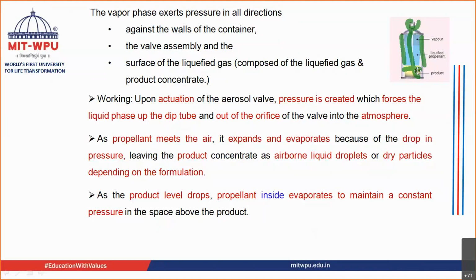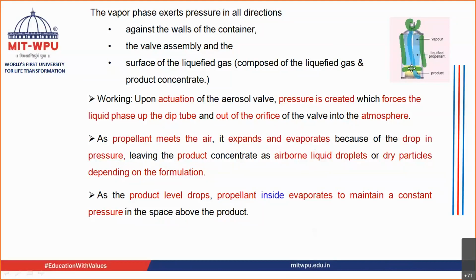Are you understanding? So this is how your liquefied gas propellant acts. Once you put the pressure, the pressure is exerted on the product, and the product is getting removed. As the product gets removed, there is a pressure drop.